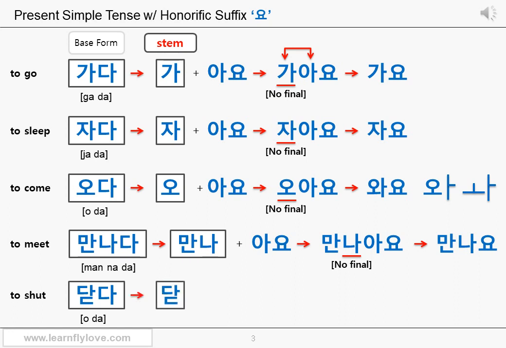The stem is 닫. This stem has the a vowel, so you need to add the ending ayo. The stem 닫 plus the ending ayo is 닫아요. This time, the last letter of the stem has a final consonant.